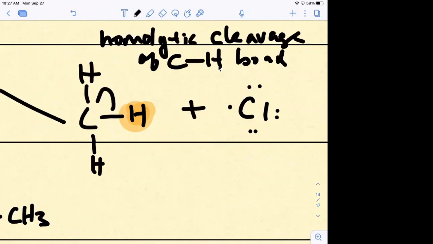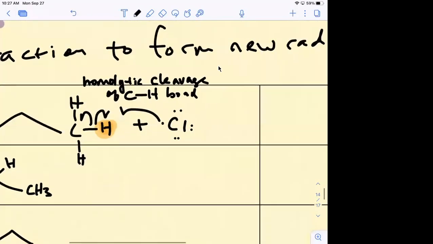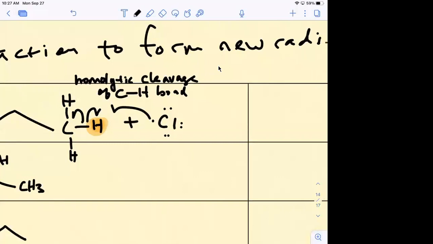I always have to show the electron going back to carbon, one leaving with hydrogen, and then one electron from the initiator. Same thing we just did up top. It never changes. I don't care where the hydrogen is. Those same three arrows are going to be present. You break the C-H bond, and then you are using the chlorine to facilitate that process.